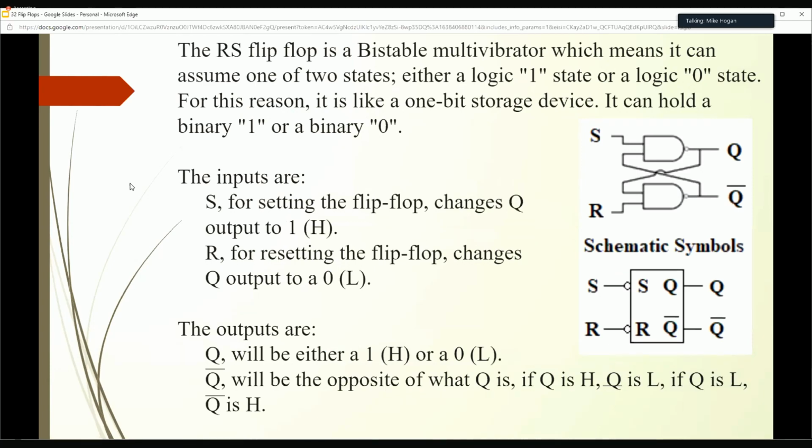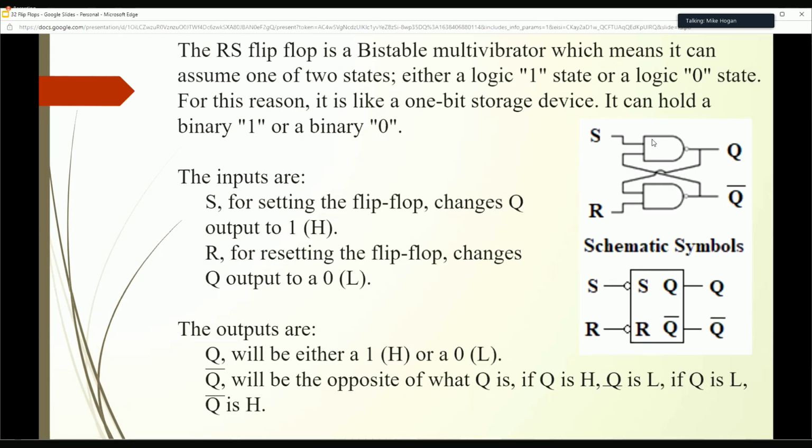All right, so let's dive into flip-flops and what they are. If you look on the right side, we have the schematic symbol at the bottom, and this is going to be our RS flip-flop. It looks like a rectangle. We've got inputs, we've got outputs, and what it's really made up of, the way it's wired, is these gates. We see here that we've got two.